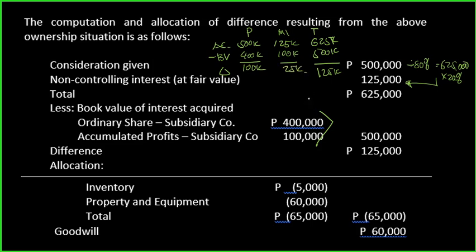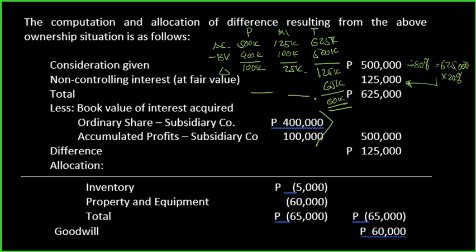25,000. Now, what about the allocation of excess? You have a total of 65. So, we remove 65,000. 125 minus 65,000, this is 60,000. That's now your total goodwill. Share of the minority interest in the 65,000.